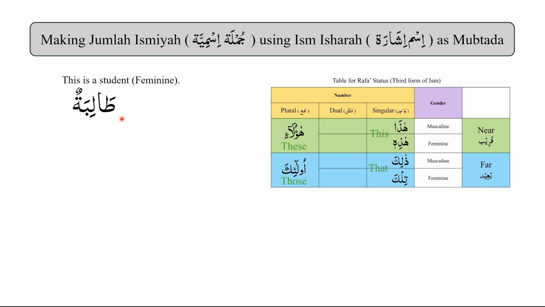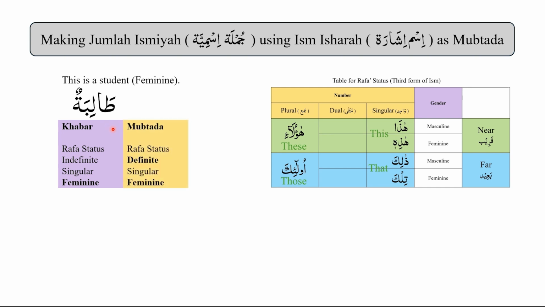Being khabar, talibatun needs to be in rafa status as indicated by double pesh at the end of the ism. It needs to be indefinite in capacity, singular and feminine as indicated by the round ta at the end of the ism. The mubtada in this case needs to be rafa, definite, singular and feminine, similar to the khabar.